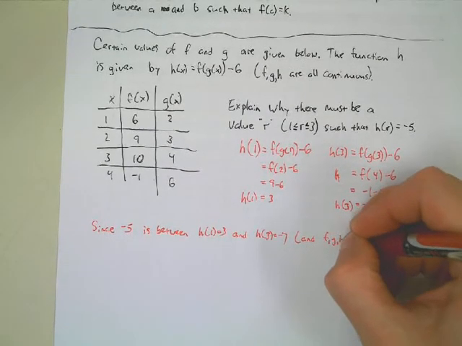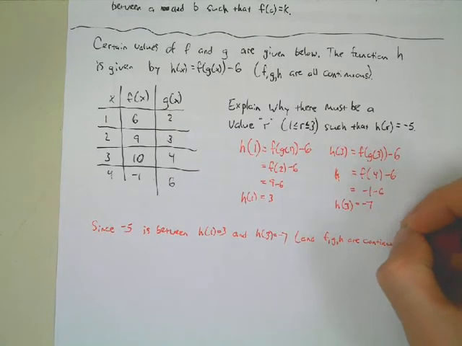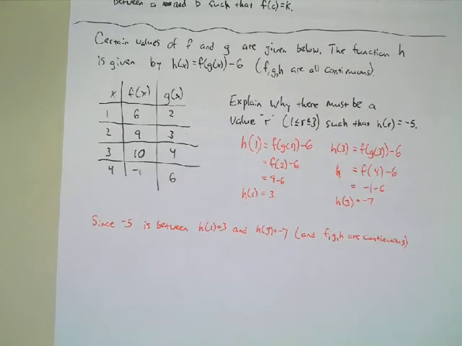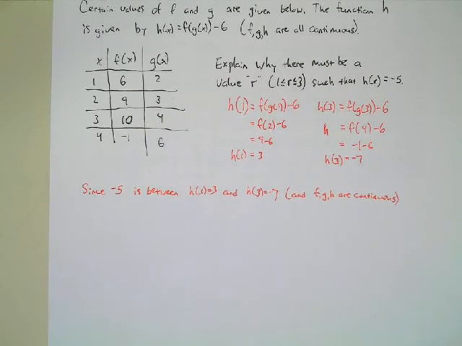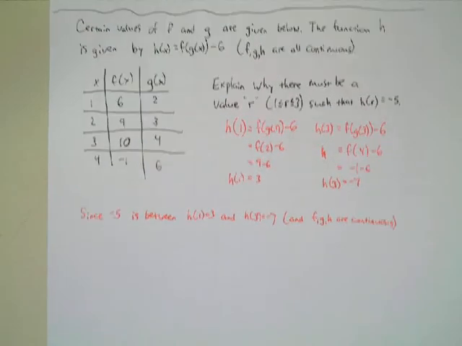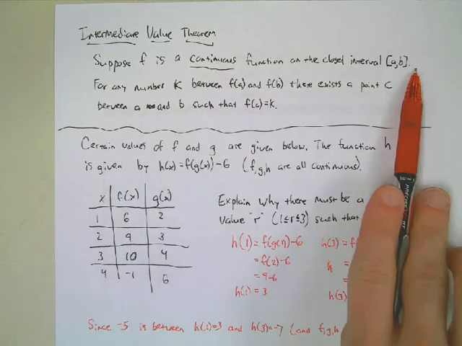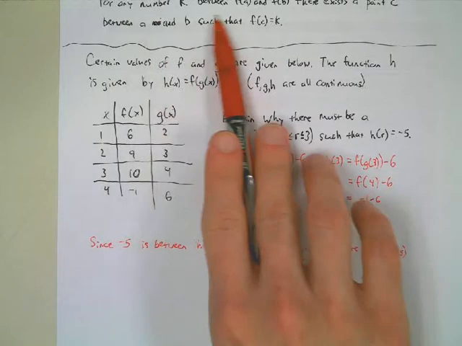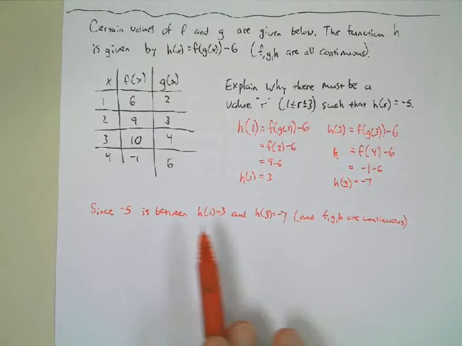Notice the intermediate value theorem: how do we know we can use it? F must be continuous on the closed interval [a, b], and then for any number k between f of a and f of b. So I'm building into that intermediate value theorem. -5 is between the y values of our two endpoints, and I'm also asserting that f, g, and h are continuous.